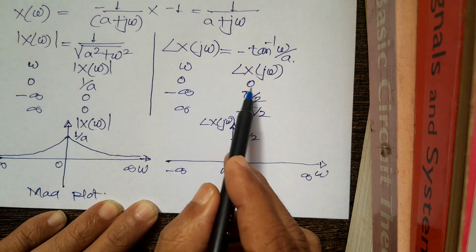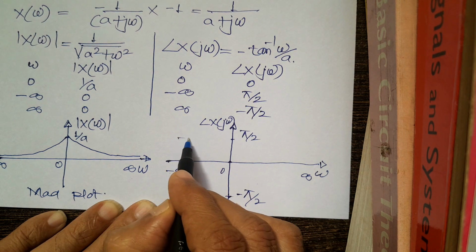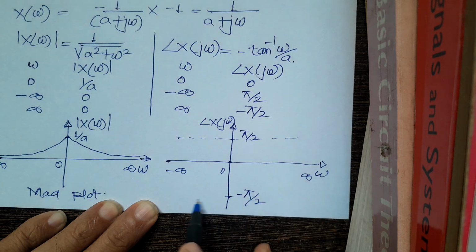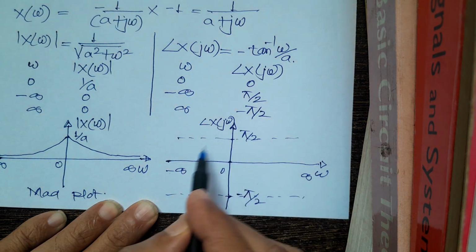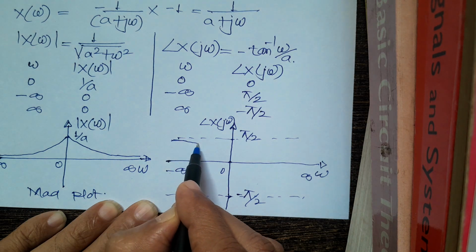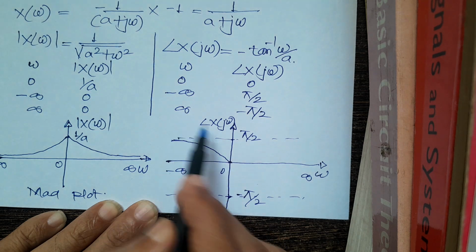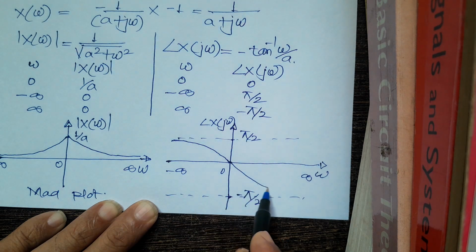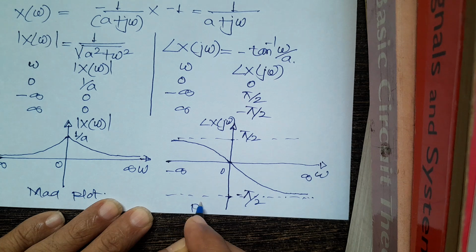When frequency is minus infinity, angle is pi by 2. So at minus infinity this is coming like this, at 0 it is 0, and at plus infinity it is minus pi by 2. So this is the phase plot.